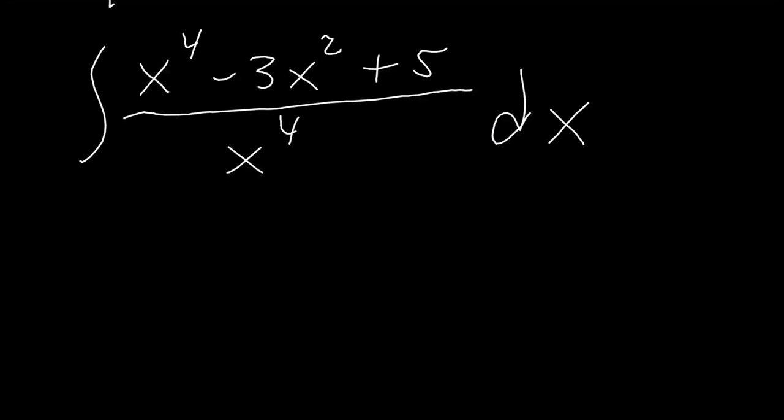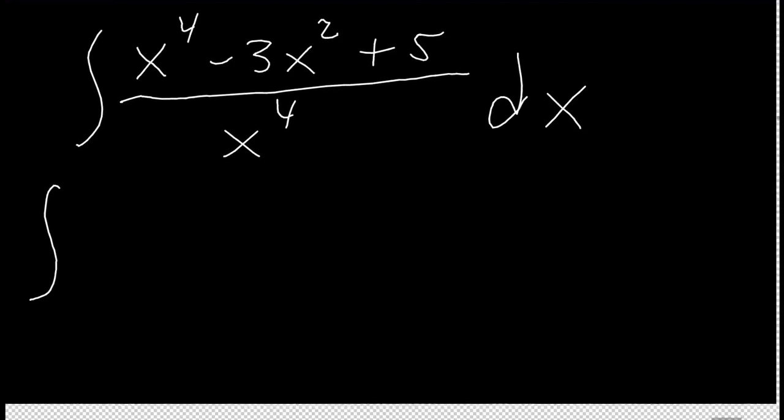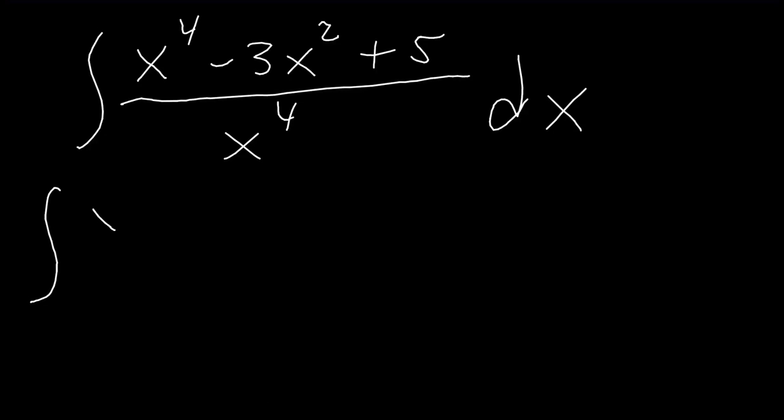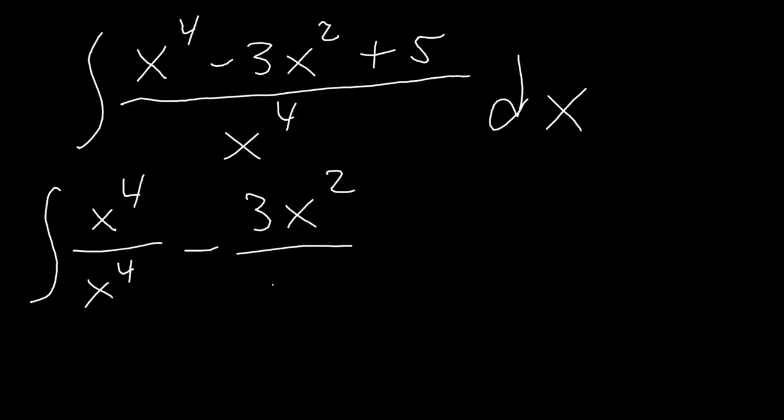So I think if we did the same thing we did in the last problem, by just splitting the fraction, we might be able to use the power rule. So splitting the fraction, it's going to be x to the 4 over x to the 4 minus 3x squared over x to the 4 plus 5 over x to the 4.